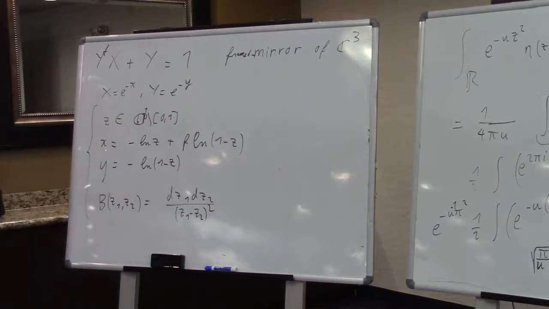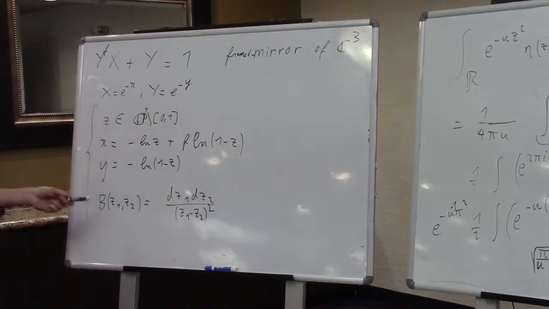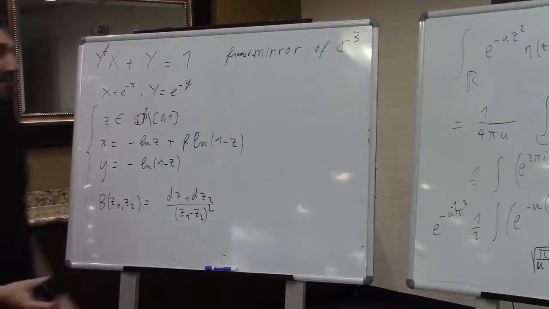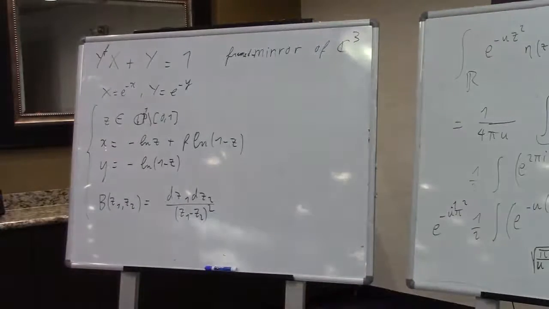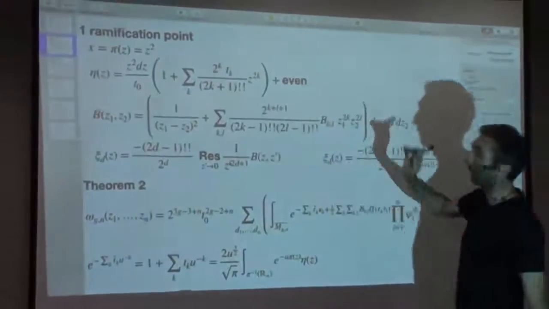Okay. Well, first of all, it may look like B has no BKL terms. The way I've written it, it seems that it's just that without extra terms.